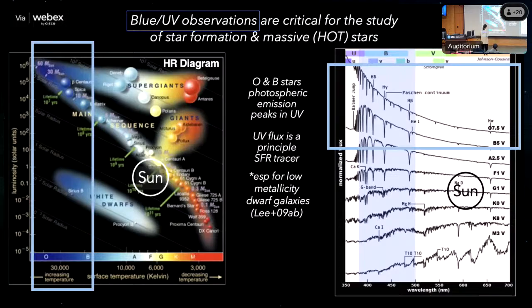Their SEDs peak in the UV, but not only that, they're so hot, and I think most people in the audience know this, all of the features end up in the UV, for studying the energy deposition, for studying those winds. And so we really need capabilities going down to about 1,000 angstroms in order to study those massive stars.